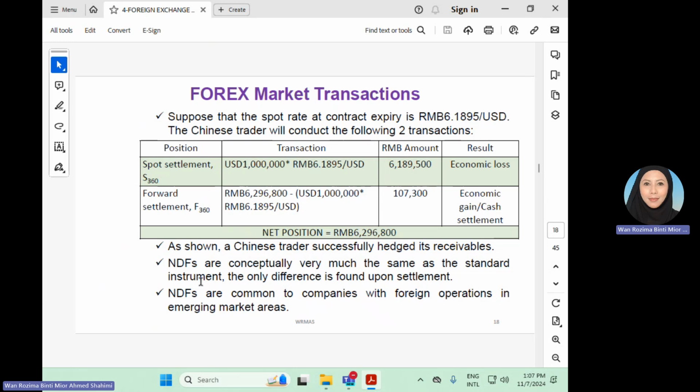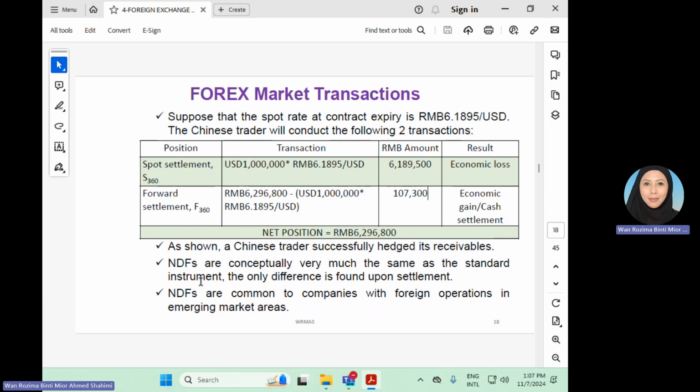Now this is the interesting one: the difference between conventional forwards and NDF. You can write it down if you want; if not, then it's fine. The first one is about the implementation.